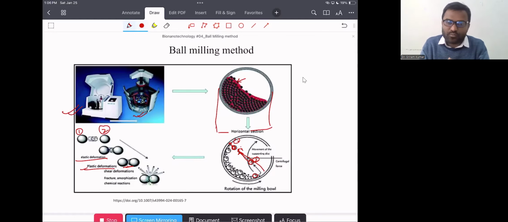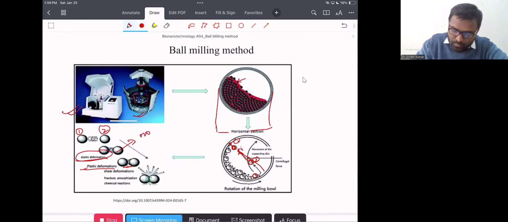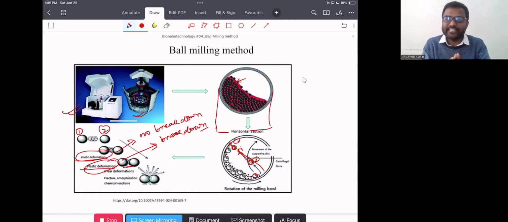In elastic deformation, there is no breakdown of the material. However, in plastic deformation, there is a breakdown of the material, so there is a change in the material's morphology.